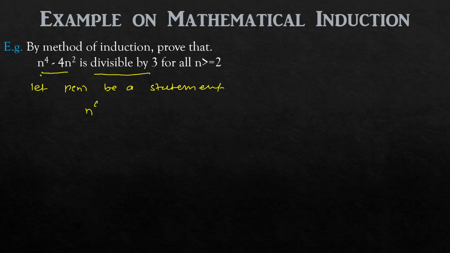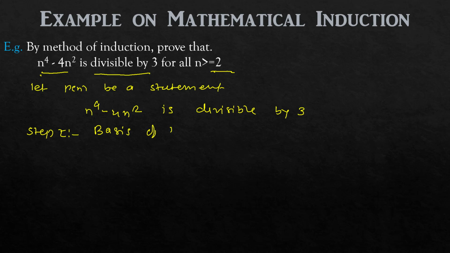That is n raised to 4 minus 4n square is divisible by 3. But what is the condition? n greater than or equal to 2 condition, right? So the value of n, we have to do the first step, basis of induction for n is equal to 2. So step number 1, that is basis of induction.